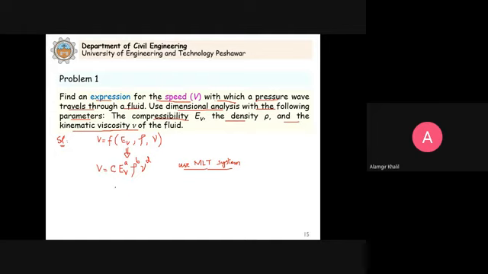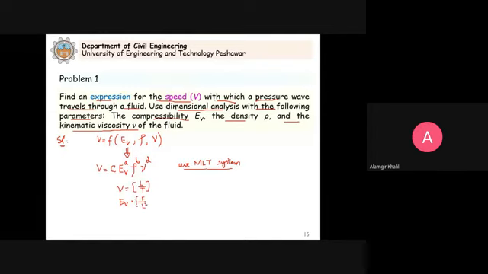We already know that velocity is equal to length by time. Similarly, we have E_V. You already know that volume modulus of elasticity has the units of pressure, so this is actually force divided by L square.